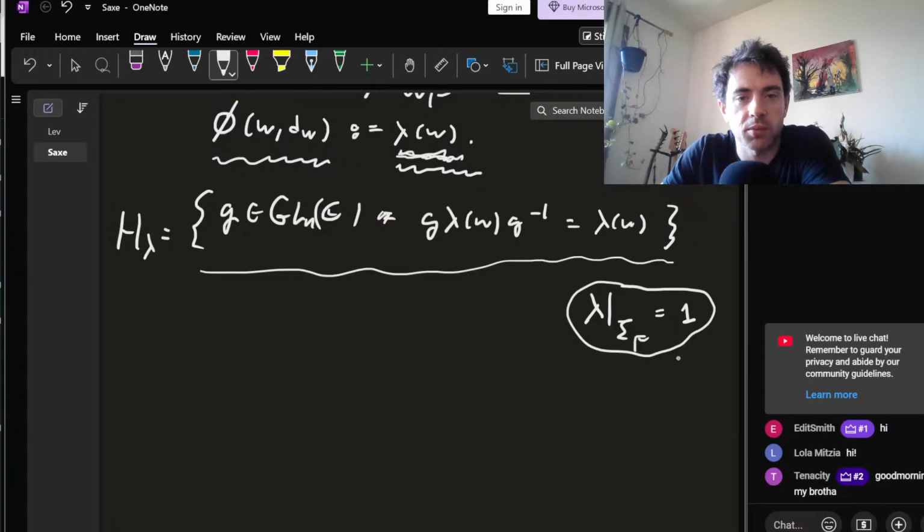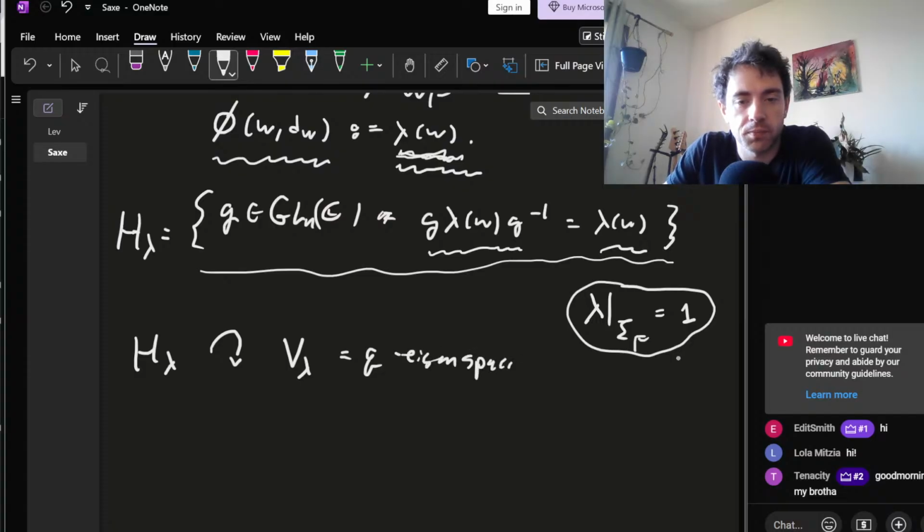infinitesimal parameter, we should only look at h, which conjugates only conjugations by h that fix lambda. And so in turn, this h lambda gives us an action on, I'll call this the Q eigenspace of lambda, of conjugation by lambda.